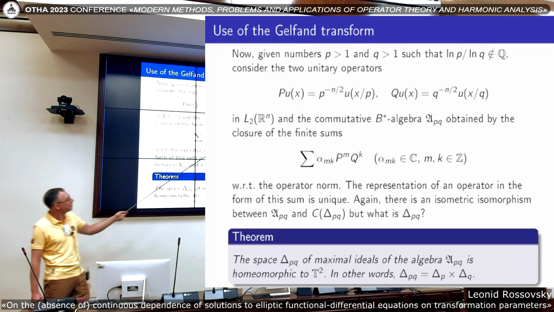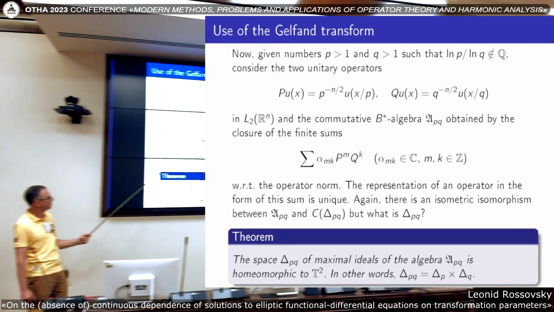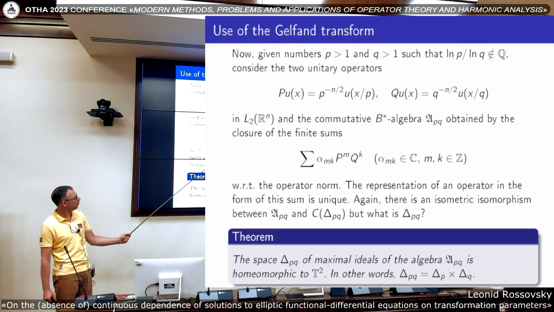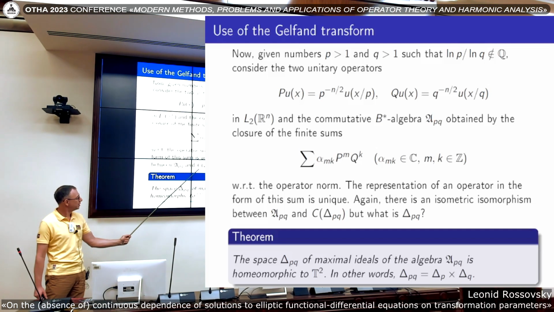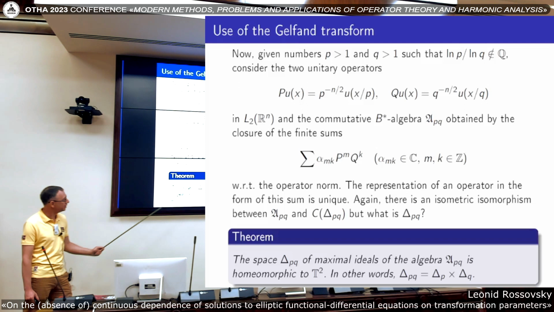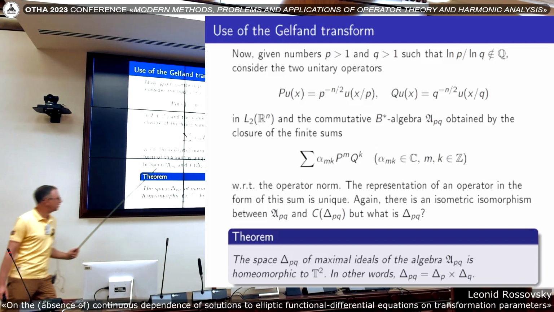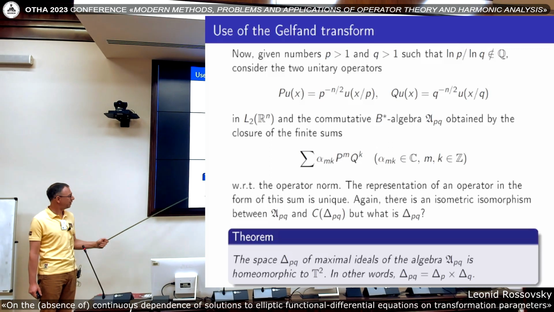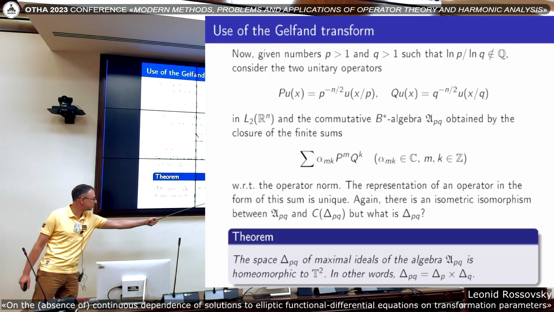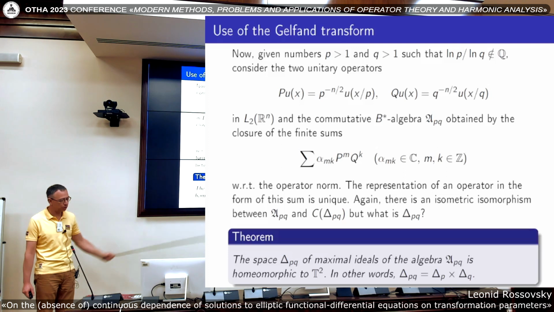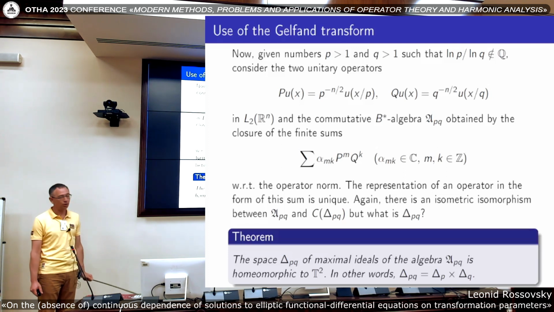So we know that there is again an isometric isomorphism between our algebra and the algebra of C on the space of maximal ideals. But what is actually this space? We can prove that the space of maximal ideals is homeomorphic to the two-dimensional torus.